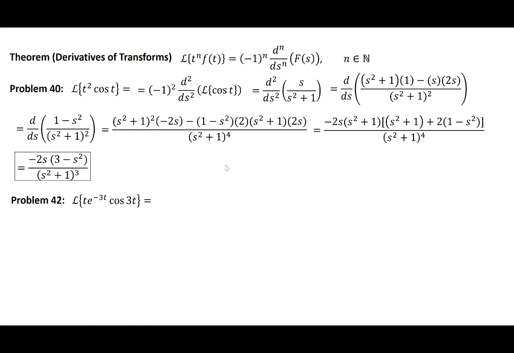Does that look like Laplace of t to the n f of t? Yeah, it kind of does. We can think of it as t to the 1 times the rest of it is f of t. Right?